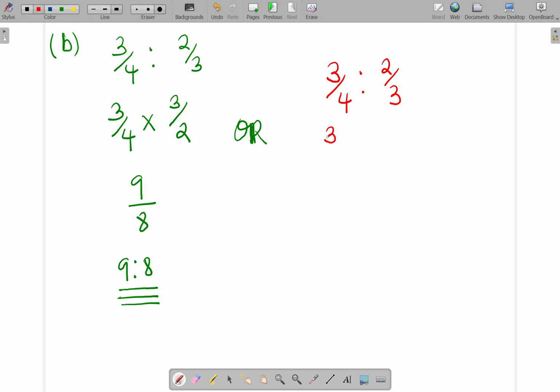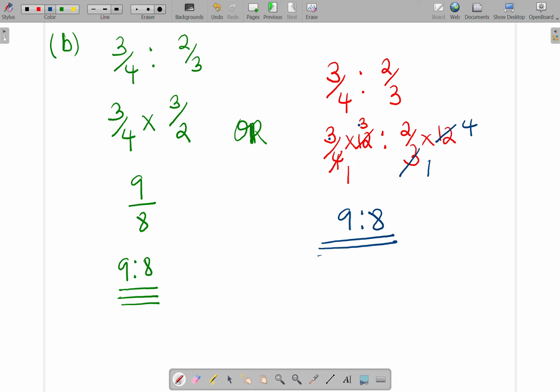So I'll multiply 12 on both sides: 3 over 4 and 2 over 3 by 12. 4 there, 1; 4 there is 3. 3 there, 1; 3 there is 4. So 3 by 3, now I'm going to have 9, and 2 by 4, now I'm going to have 8. That is your solution. You can see that this is really simple to work with.